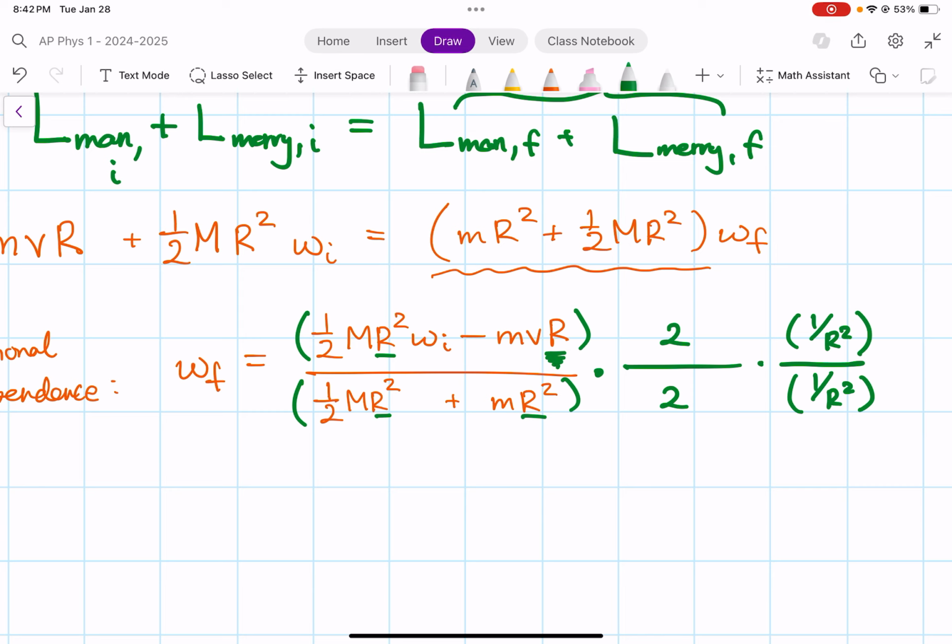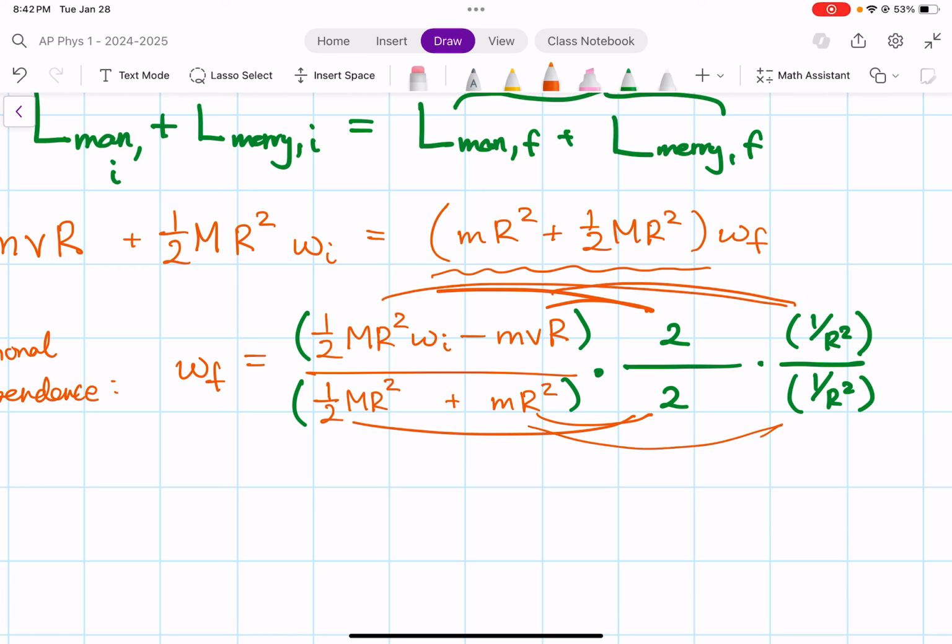This one's going to be a little messy, but it should make our life overall easier and should be easier to understand this equation once we do these two things. I'm doing the 2 to get rid of the fractions. I'm doing the 1 over R squared to get rid of a lot of these R values.